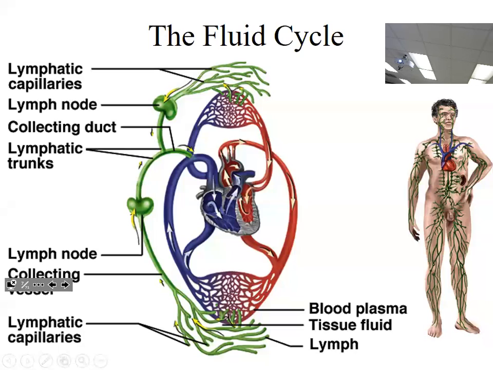If I told you that your cells, let's think about cells in any organ, I don't care, pick an organ, are being bathed in fluid that's mostly water, where is that fluid coming from? Because water is always kind of moving, because it would be nasty if it wasn't.